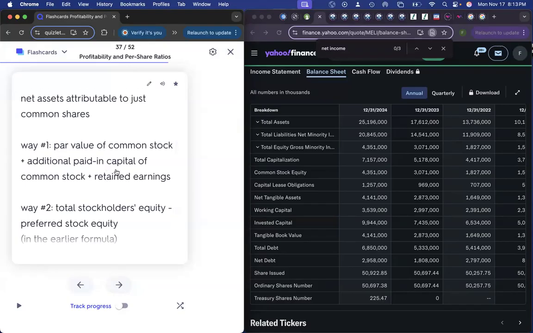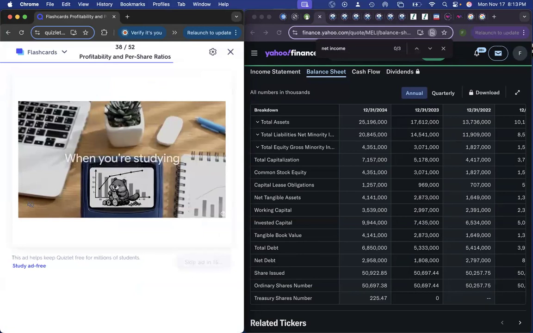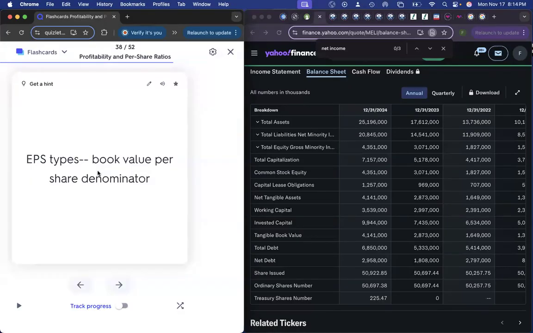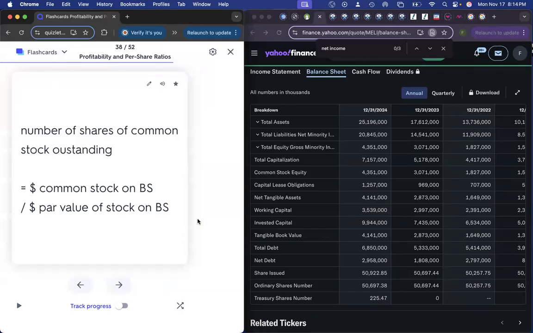But a different way you could find it is the par value of common stock plus additional paid in capital of common stock plus retained earnings. And for the denominator, like I said before, it's the dollar value of the common stock on the balance sheet divided by the dollar par value of the stock on the balance sheet.